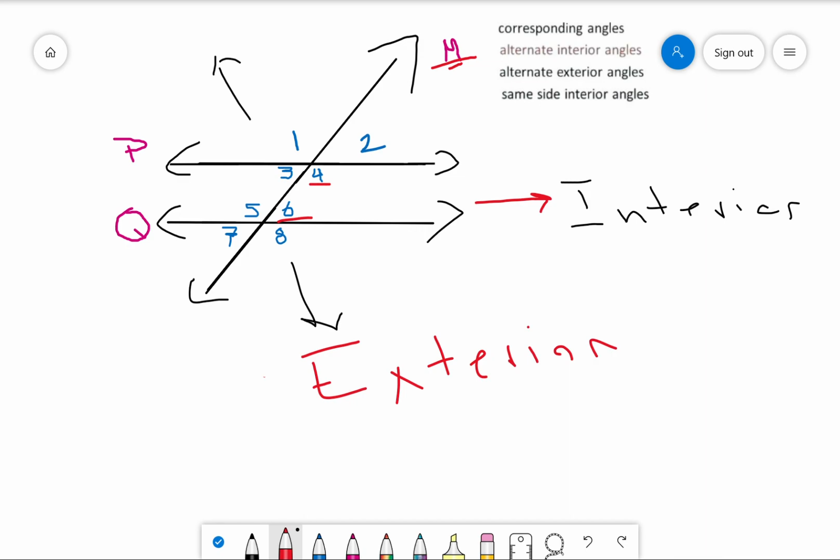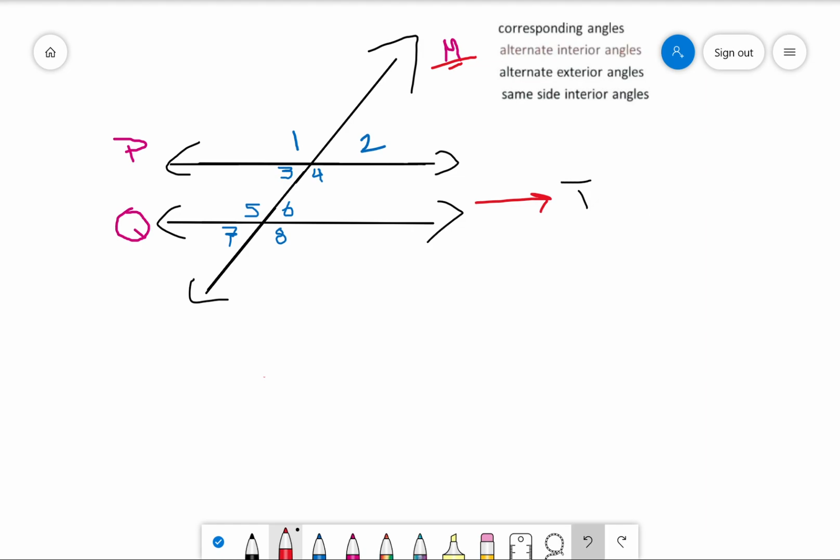For example, let me erase all these. Say angle 1 is 100 degrees. Let me write that in red, 100 degrees.